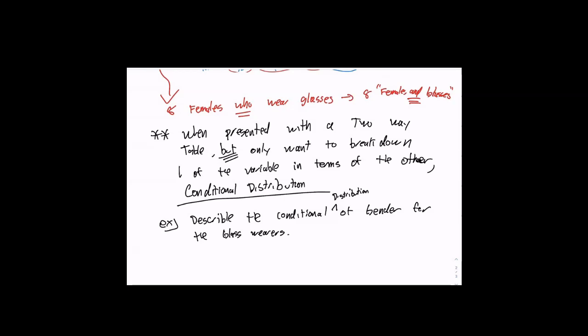All right, so what are we trying to break down? The distribution of what? What are we trying to break down in here?